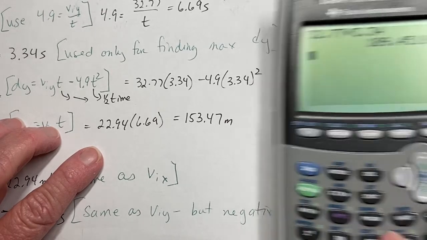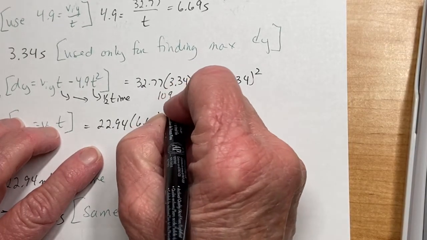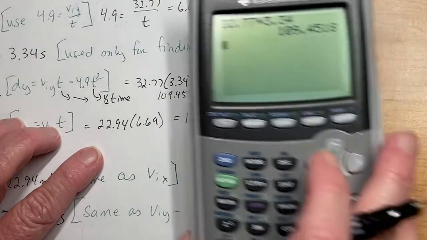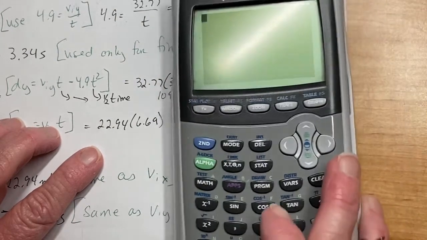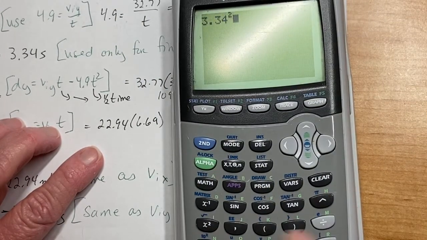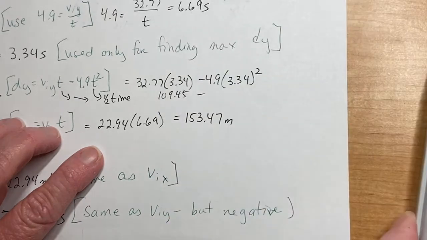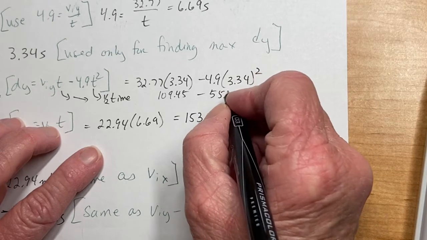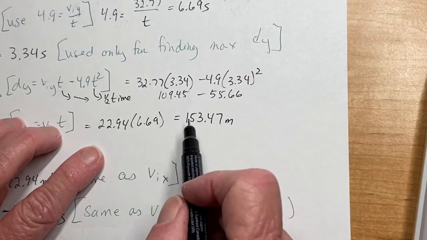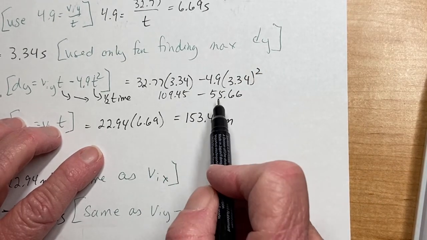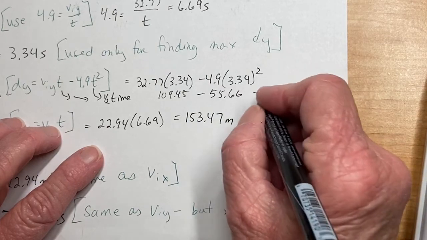It's 109.45 minus, all right, so I have 3.34 squared times 4.9, 54.66. And you're generally going to find that this number minus this number is going to be almost exactly that number.